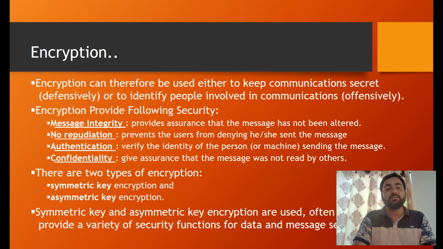As we already discussed, symmetric key encryption is also known as private key encryption, and asymmetric key is also known as public key encryption. Symmetric key uses only a single key for encryption and decryption, the reverse of encryption. And in asymmetric key, two keys are used, one at the sender side and another key at the receiver side for the decryption.